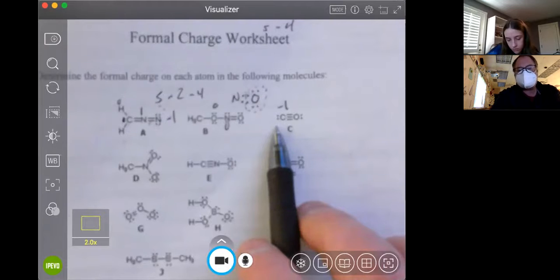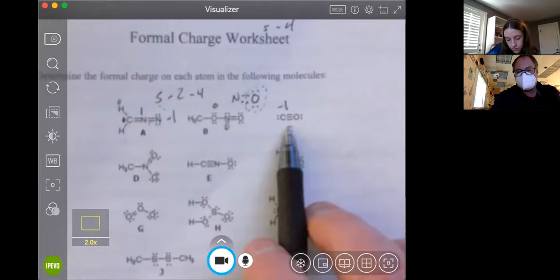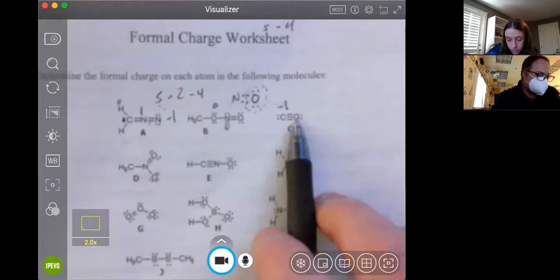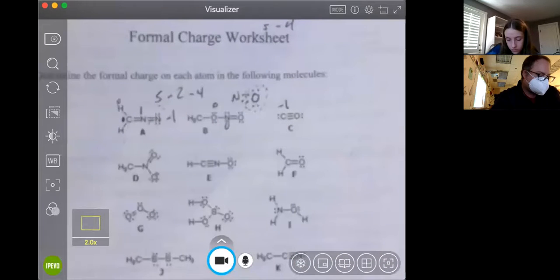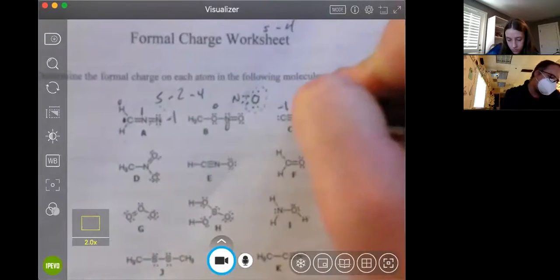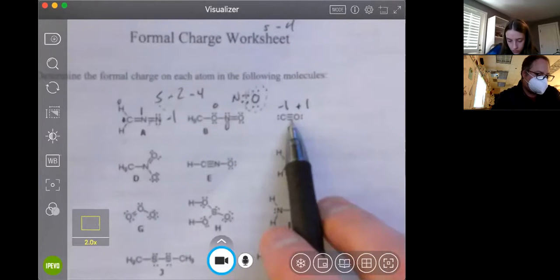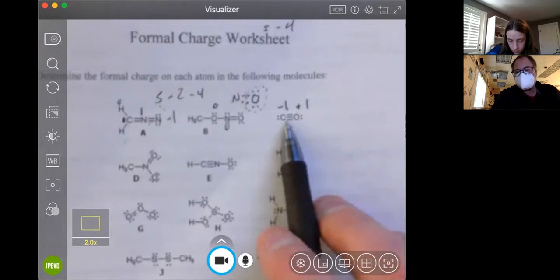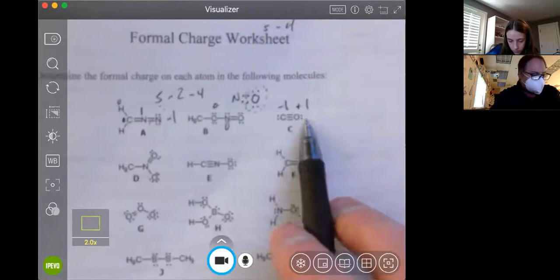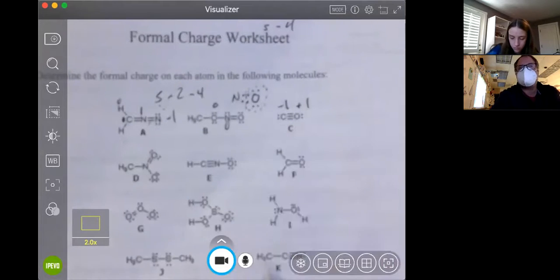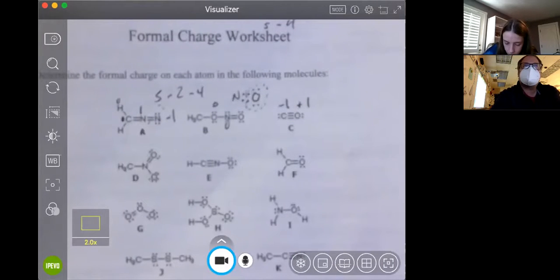And we said that that's that coordinate covalent bond, if you remember that term. What does the oxygen have? +1. So that tells us that the oxygen has lost an electron, or it has one less electron than it normally would have, right? So that's what formal charge allows us to see.